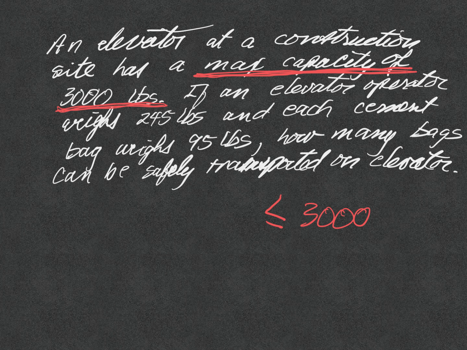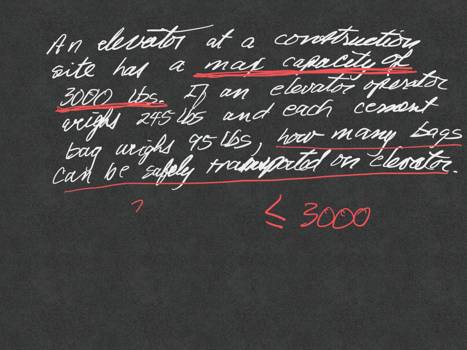Now the operator is 245 pounds and each cement bag weighs 95 pounds. How many bags of cement can be safely transported on the elevator? So what we need to do is write the weight that's on the elevator.